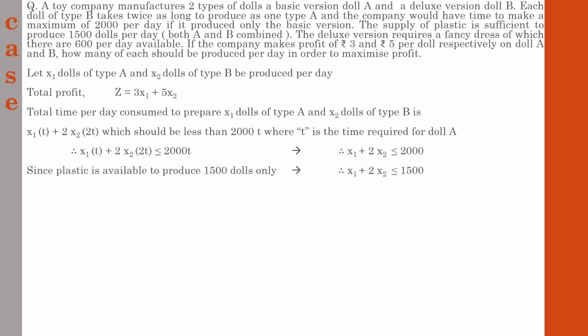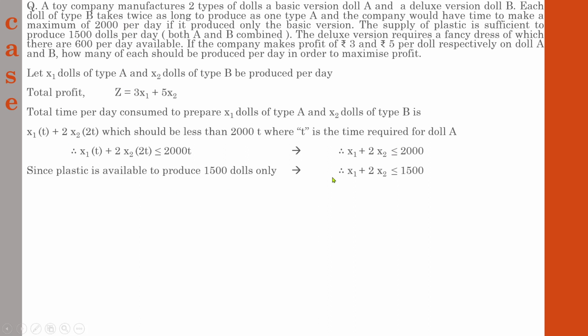It would not be above 2000. That is why we have used the sign less than or equal to 2000. Within that they have to deal with these two items. And here 2 is written on the basis of the time taken to produce the second doll, because if one doll is produced, it will take twice as long to produce the second doll. It needs more time.